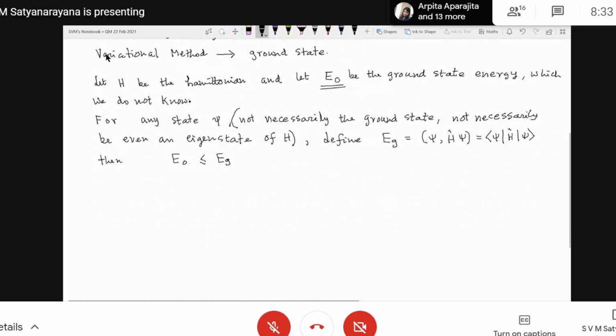Now, proving this is very easy. So let us write down the proof. Let H phi n equal En phi n.